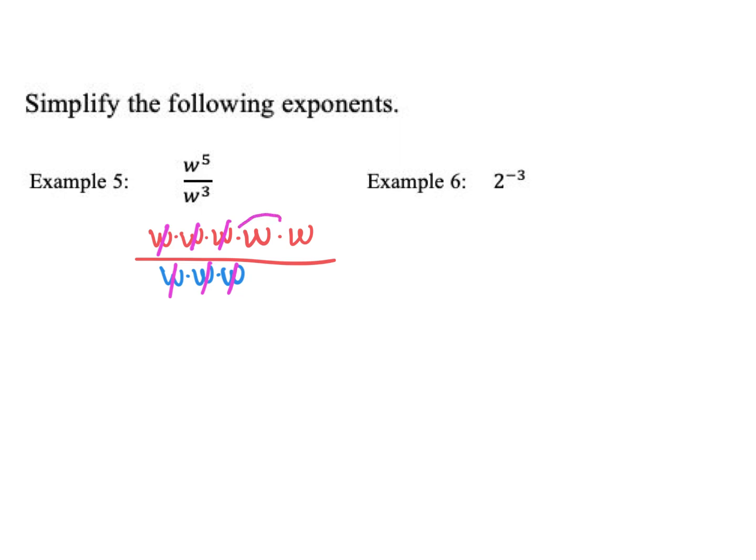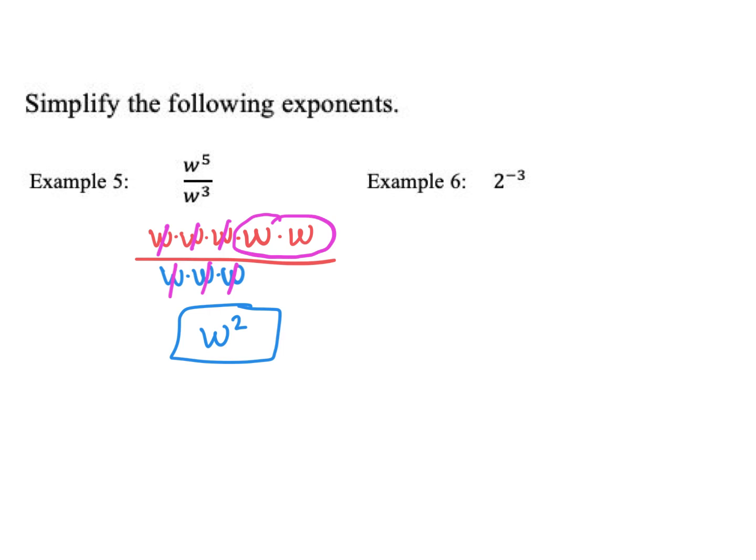This is what we have on top. W is being repeated over and over again. How many times? Twice. So we're going to have W raised to the 2nd power. So W to the 2nd power is our simplified form of W to the 5th divided by W to the 3rd.